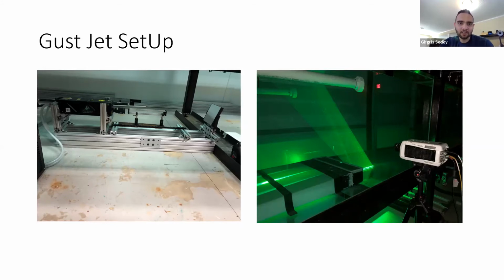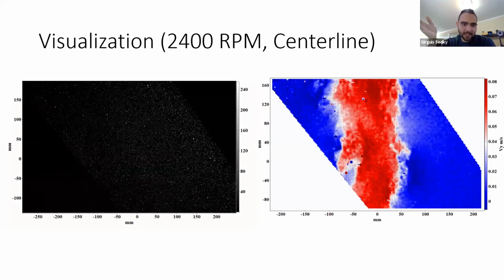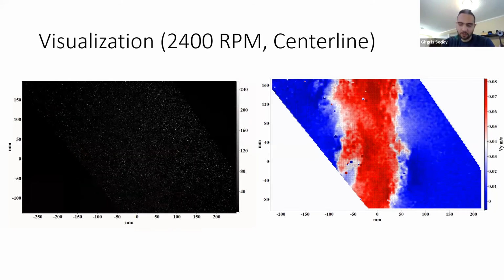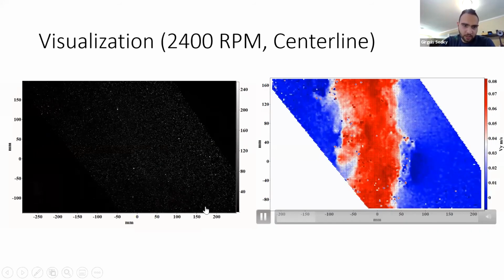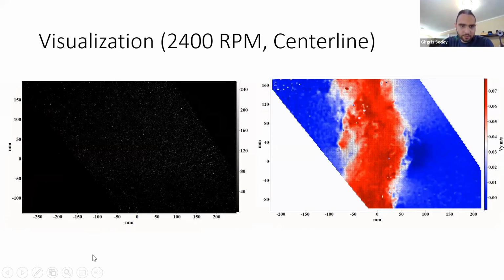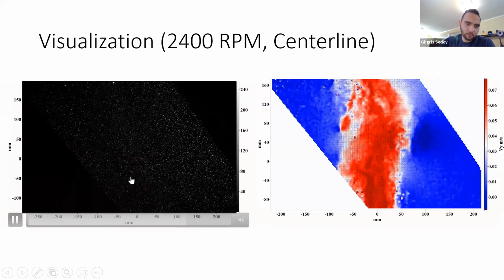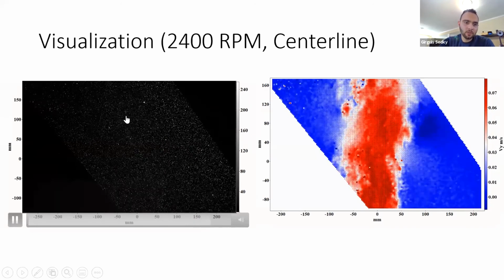So again, moving on. Now, this is an example of data you'd get from the gust generator. The gust generator is somewhere down here, and it's shooting flow upward, and you can see here the particles moving with the flow.